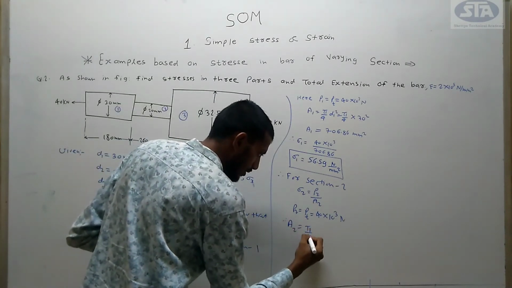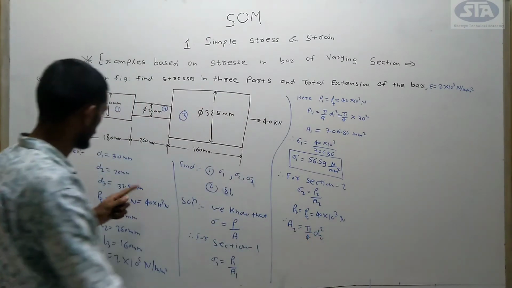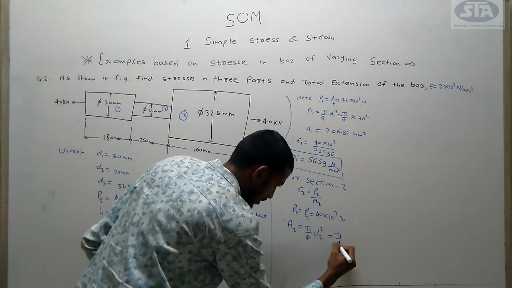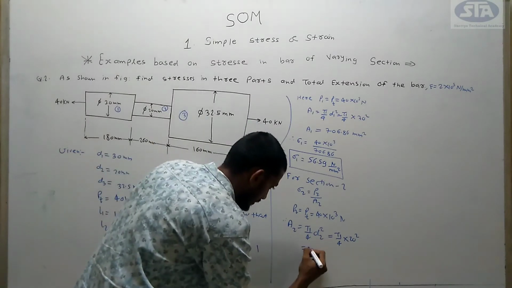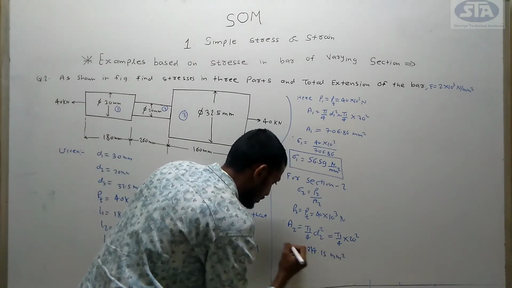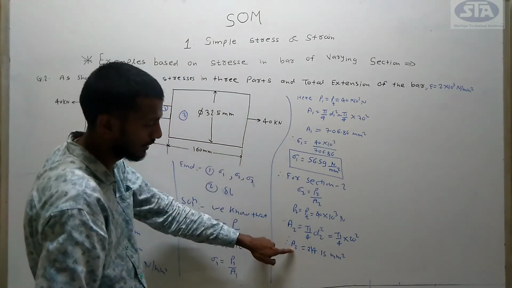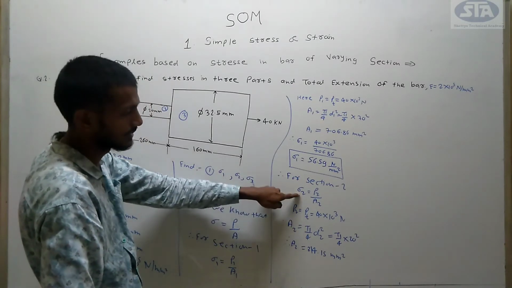That area can be found with the help of pi by 4 D2 square. Put the value of D2, which is 20: pi by 4 into 20 square. Then you will get area 2 as 314.15 mm square. Once we get area 2 and force P2, you will get sigma 2.